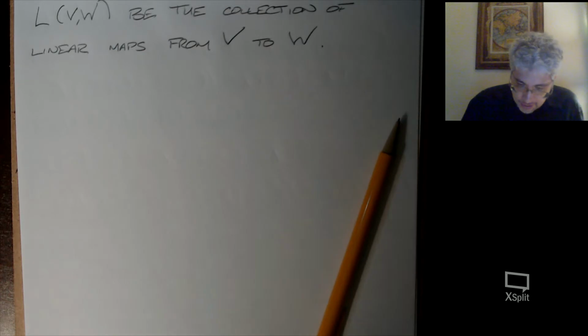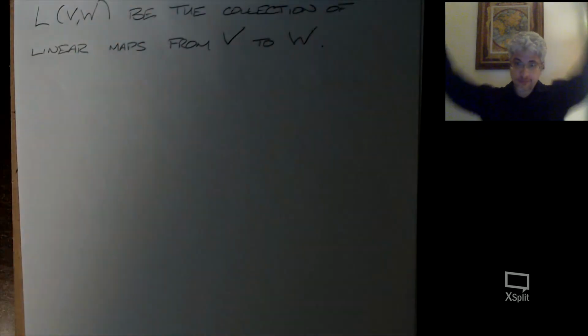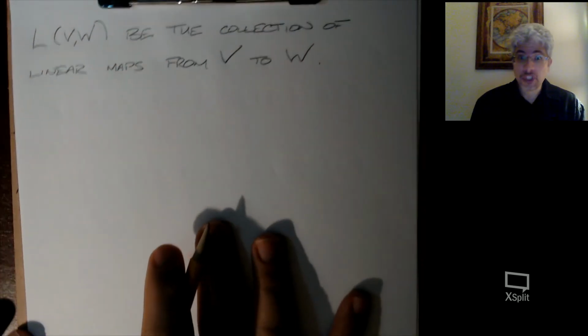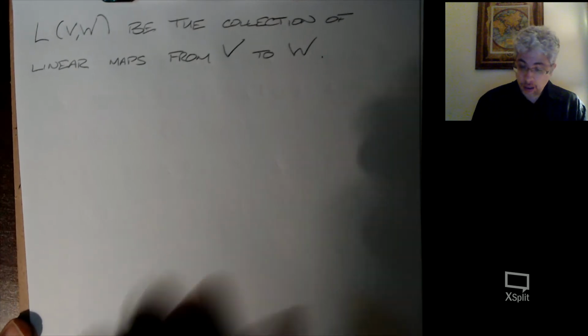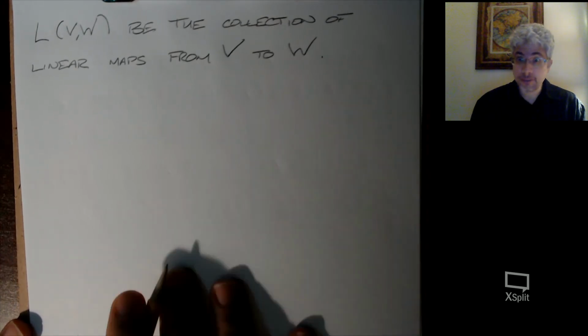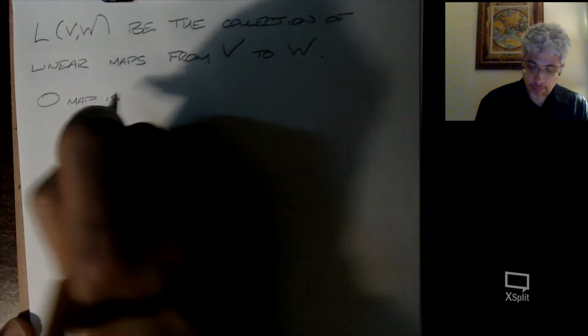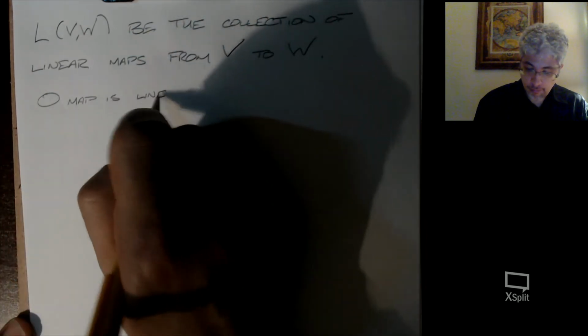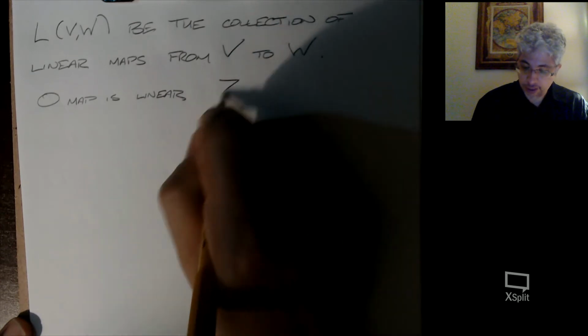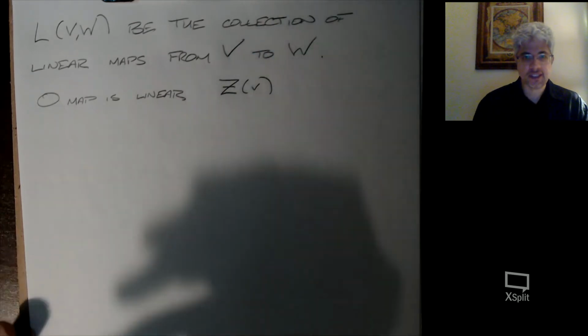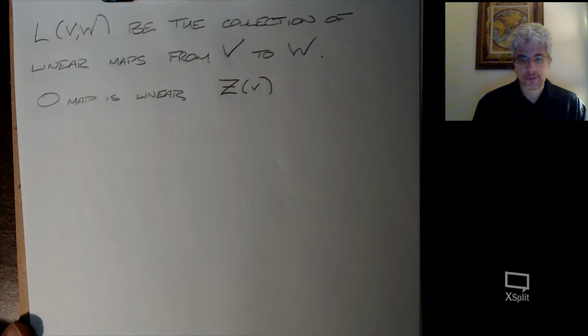Okay, so how could we show something like this? Well, the zero map is going to be linear. If we want, we could call it Z of V instead of trying to do some weird O thing.